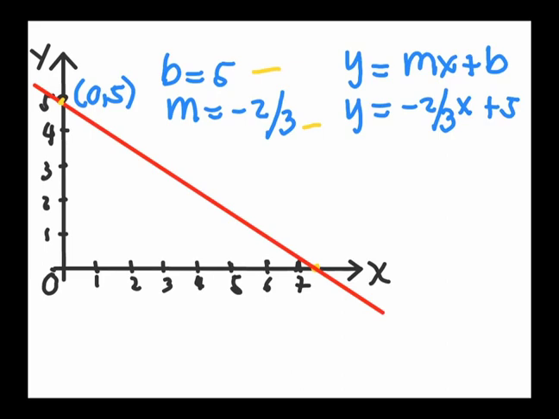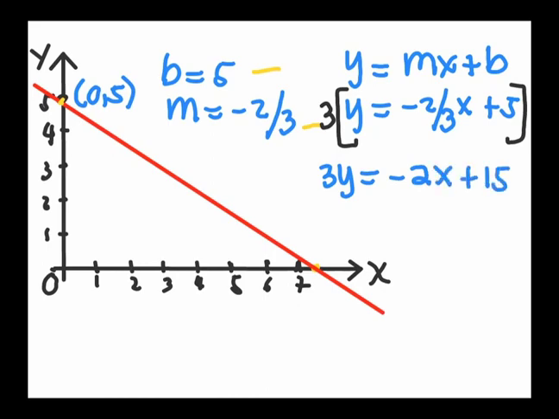Now, to simplify further, we can multiply the whole equation by the LCM, which is equal to 3, right? So it now becomes 3y is equal to negative 2x plus 15.